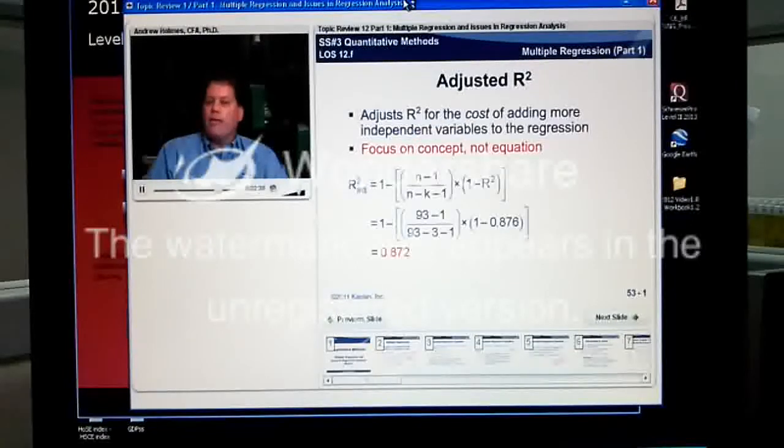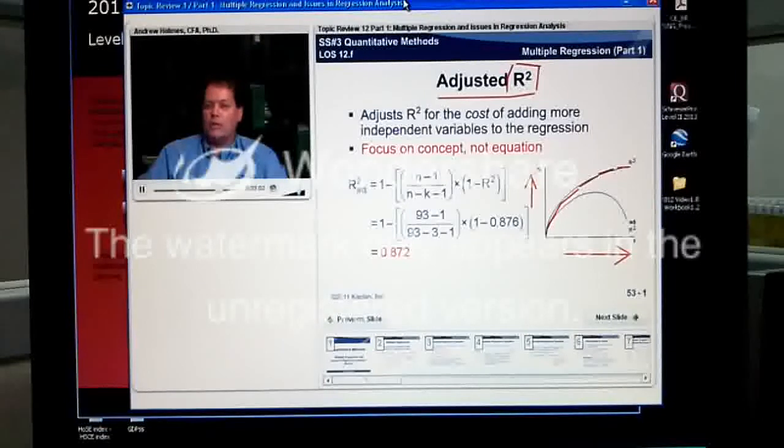Now there is a follow-on concept when we're talking about multiple regression, and the notion is this. If we think about R squared as we increase k, in the horizontal dimension here, what happens to R squared? R squared is going to increase as we increase k. Maybe a better way of saying that is it can't decrease as we increase k.